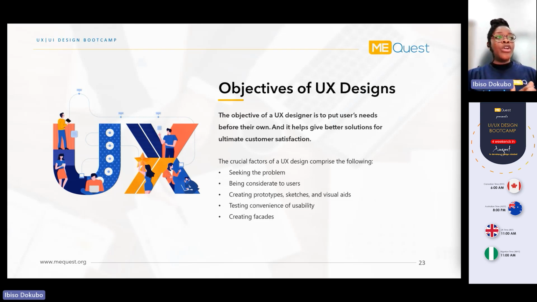For example, you know that most of the people using this app will be from 45 to 50 and above. When those type of people are part of your stakeholders, you're not going to make your fonts very small, right? So in this way, you're trying to consider your users.